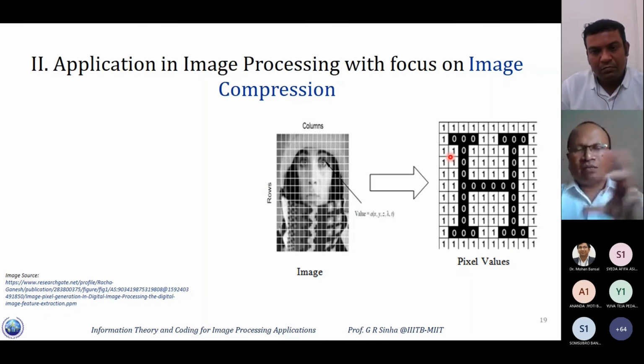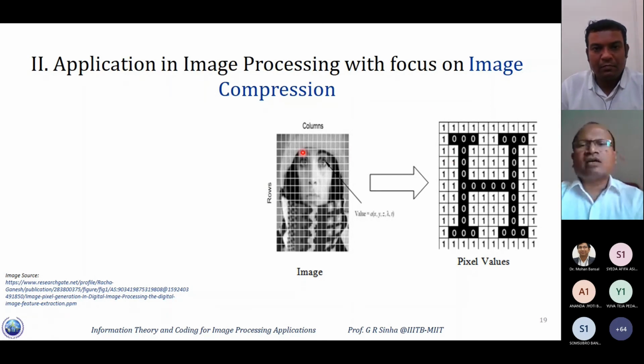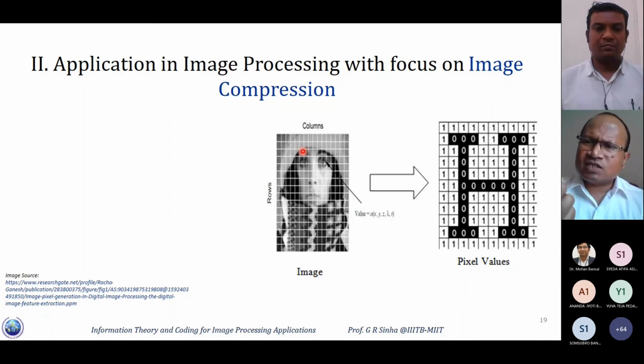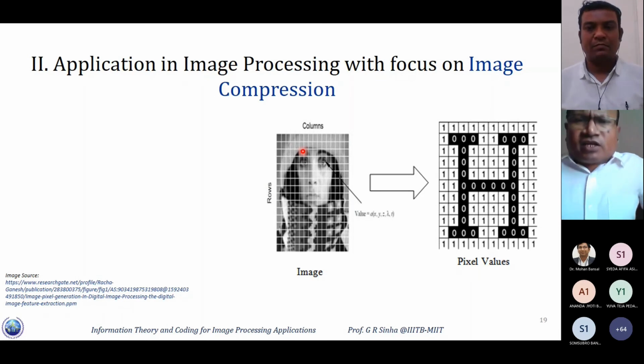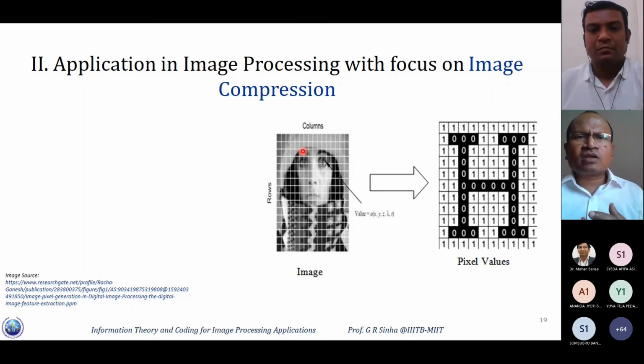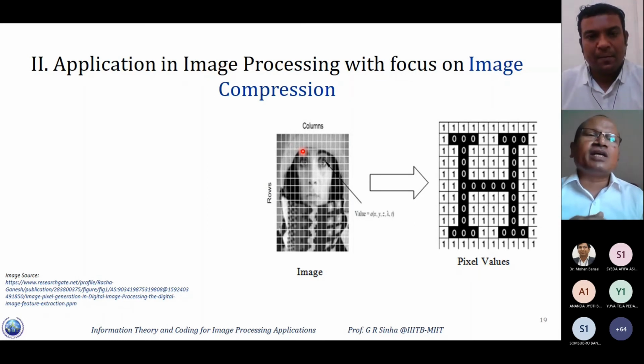So it has a number of rows and a number of columns, and the smallest element of your picture is called a pixel. And all those pixels, the dots, the smallest elements in the picture, will have a certain grayscale value. What I am explaining is very important in order to understand how information theory and coding is applied. Let's talk about Huffman coding and how it is applied. For that, you need to understand the image as data.